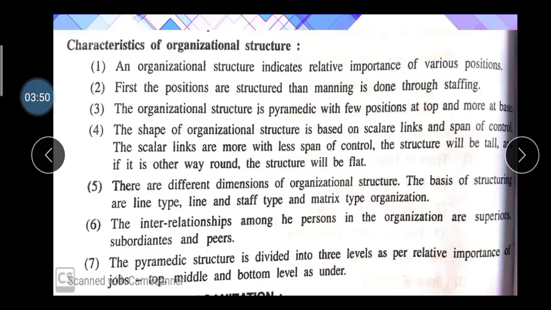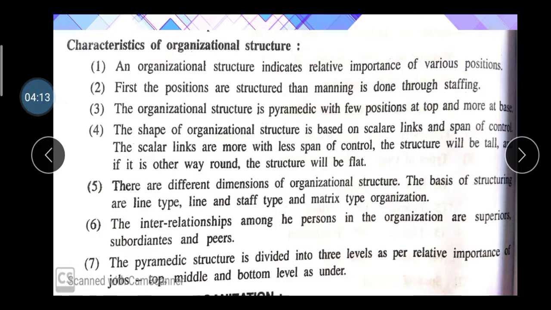But in a simple manner, you can say that if the superior authority is higher and has to give direction and leadership to many employees, and the number of employees is higher, at that time they require a higher span of control.